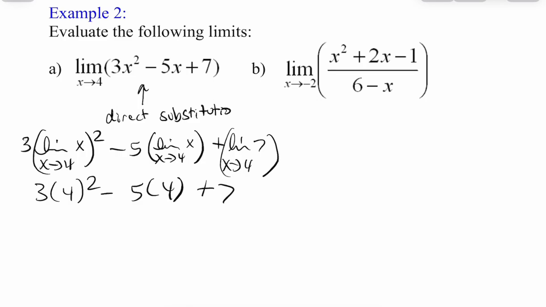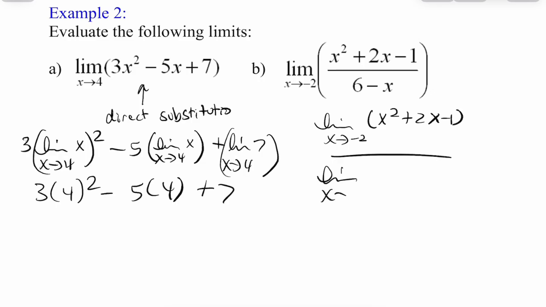Now, you have to be careful about b. Although technically, I can do the limit of the top, and I could break it down just like I did for a, over the limit of the bottom, and I can break it down just like I did for a. But what does the bottom have to be concerned about? It can't be 0. If we plug -2 in the bottom, do we get 0?